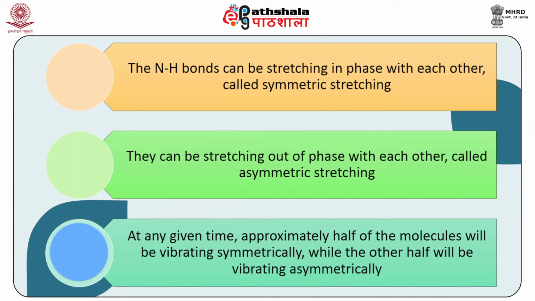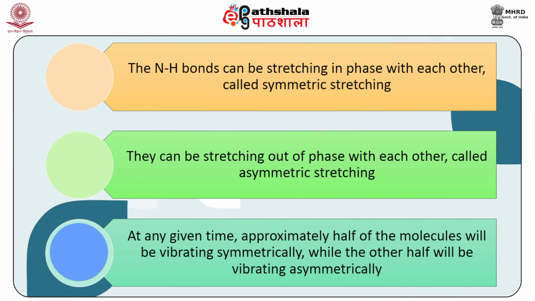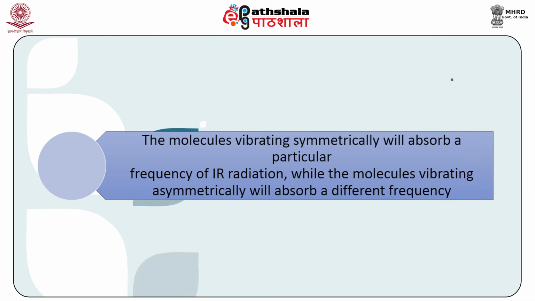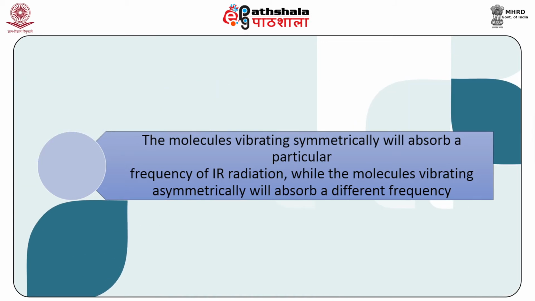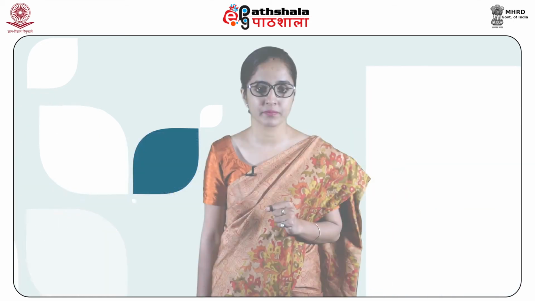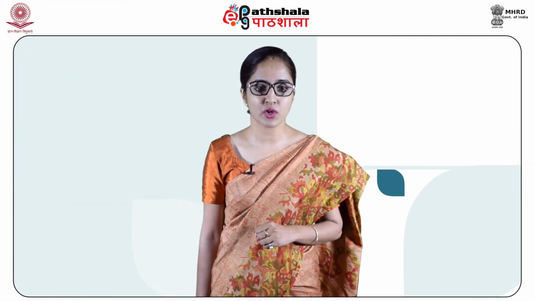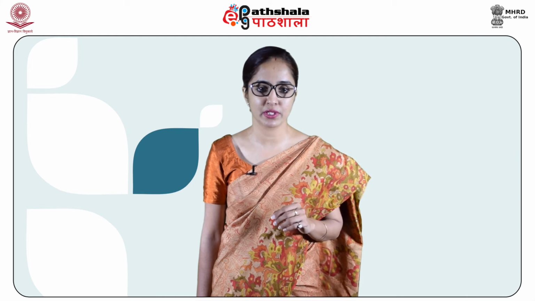Thus, at any given time, approximately half of the molecules will be vibrating symmetrically, while the other half will be vibrating asymmetrically. The molecules vibrating symmetrically will absorb a particular frequency of IR radiation, while the molecules vibrating asymmetrically will absorb at a different frequency. Thus, 2 signals are observed.